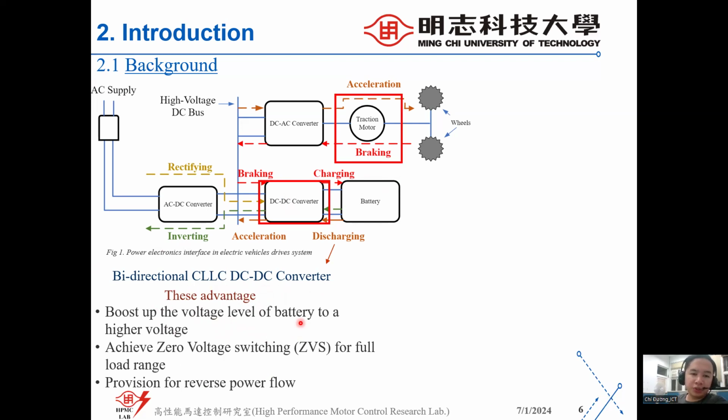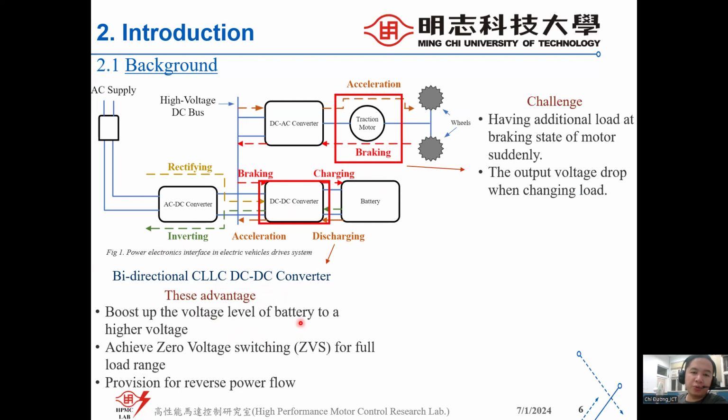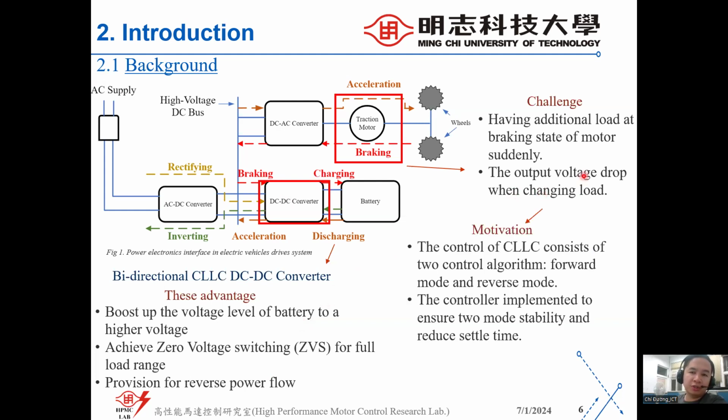In the traction motor, when in hybrid state, there will be an additional load, and the output voltage drops when changing the load. So the motivation in this thesis is to control the CLLC with two control algorithms in the forward mode and reverse mode. And the controller is implemented to ensure more stability and reduce the settling time.